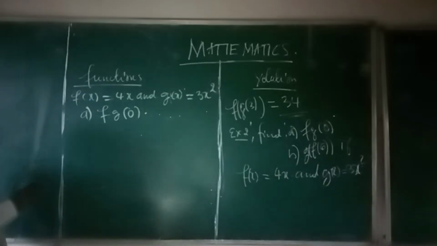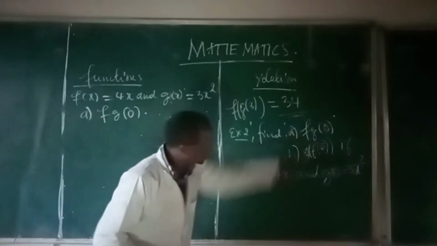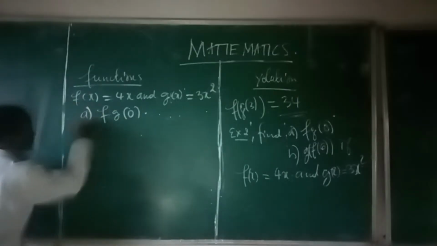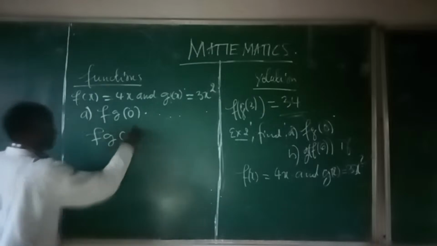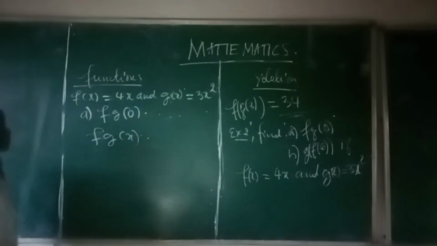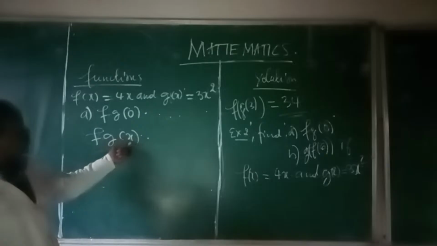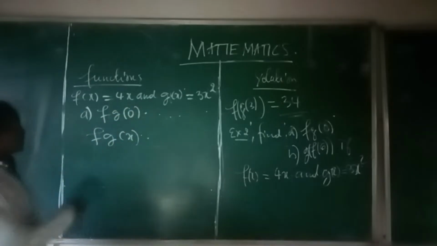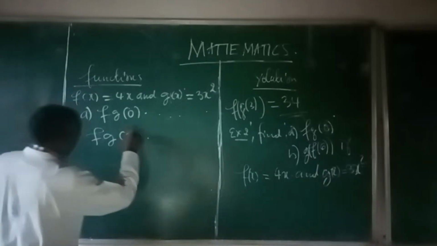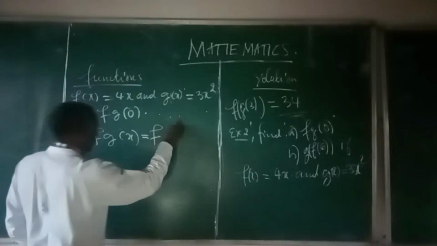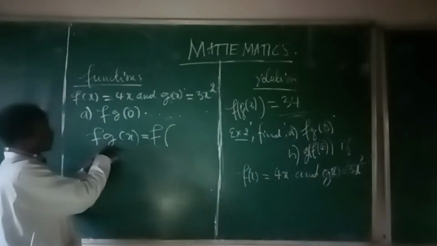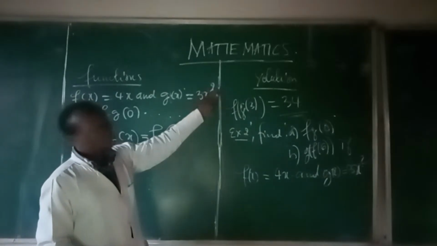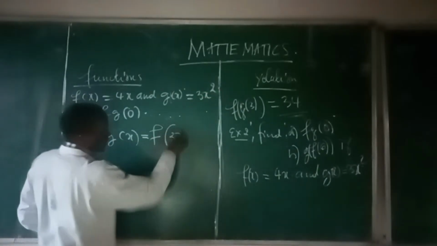Now, first of all, in this combination of two functions, you have to find f of g of x first, right? Then after we find f of g of x, we substitute this 0 in our function. Then f of, the value of g of x is equal to 3x squared.